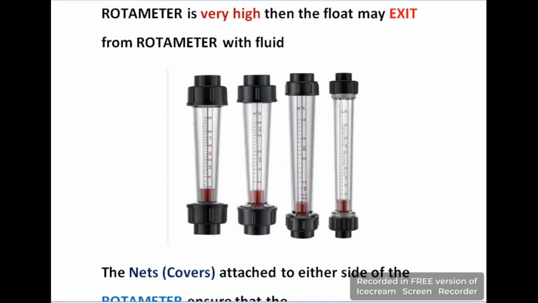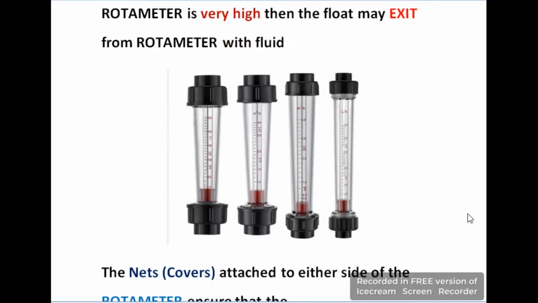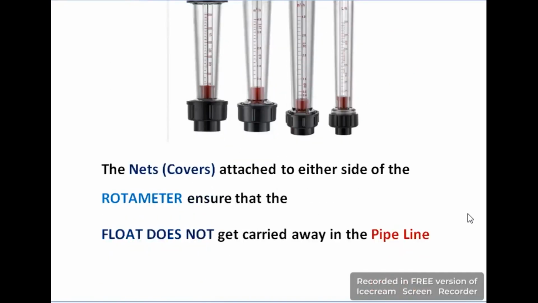In this diagram you can observe the rotameter tube with black covers on both sides. So I tell you the reasons for these covers. If the flow rate of fluid flowing through the rotameter is very high, then it is possible that the float may exit from the rotameter tube with the fluid. So these net covers are attached to either side of the rotameter to ensure that the float does not get carried away into the pipeline.